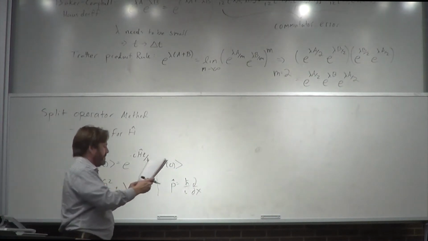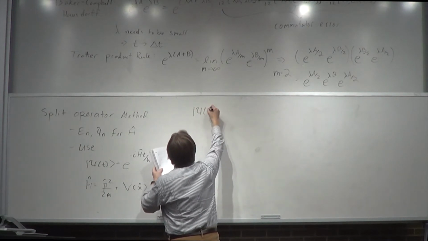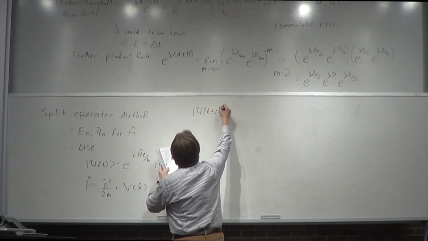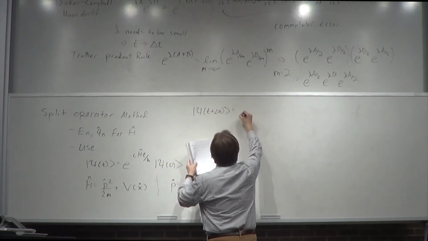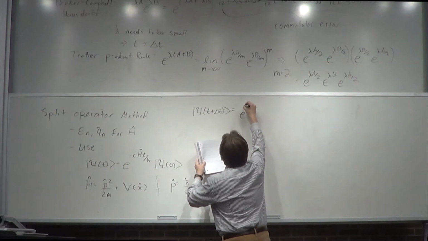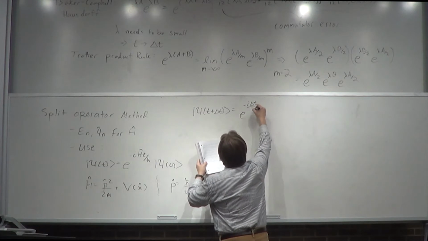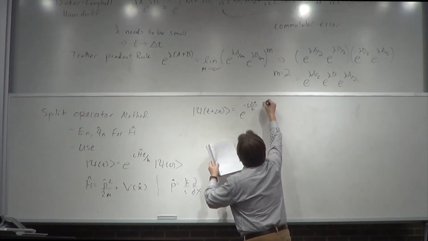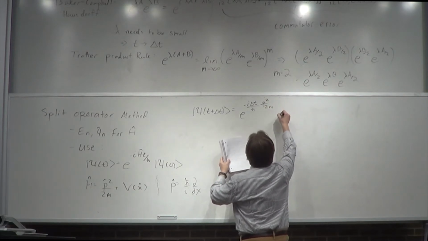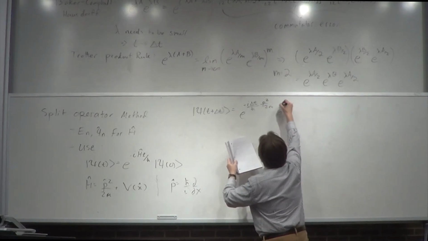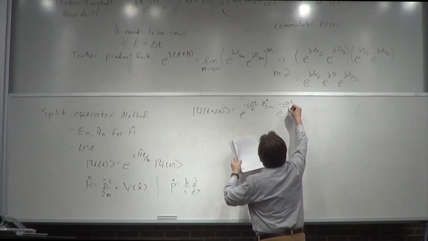Okay, so here's how this ultimately looks. Here is the wave function that has gone forward in time a little bit, and it looks like this. e to the i delta t over h bar. Of course, h bar is 1. P squared over 2m. m is 1, but whatever. I always include it. I just say m is 1, and then I include it anyway.